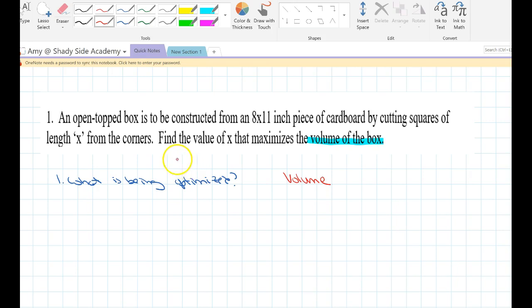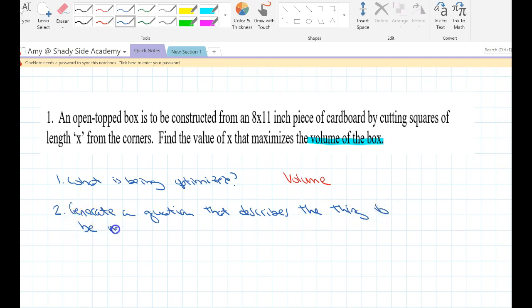So if we are finding the value of x that maximizes the volume of the box, once we know what we're optimizing, we have to generate an equation that describes the thing to be optimized, to be, in this case, maximized.